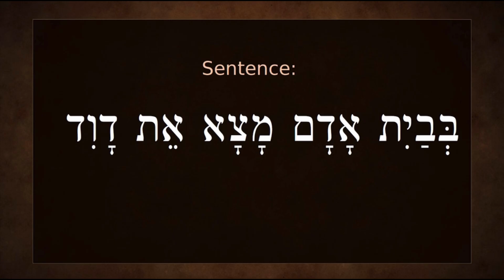Notice, though, that we have two nouns that could be the subject of this sentence, Adam and bayit. However, because bayit has a preposition in front of it, it is bevayit, this makes it a prepositional phrase, and so bayit cannot be the subject of this sentence.